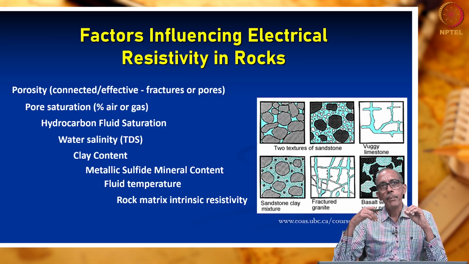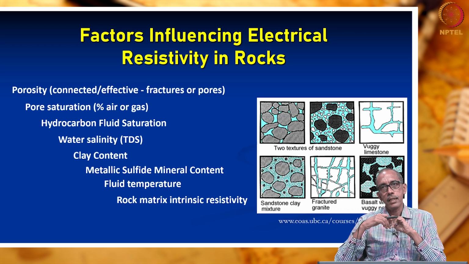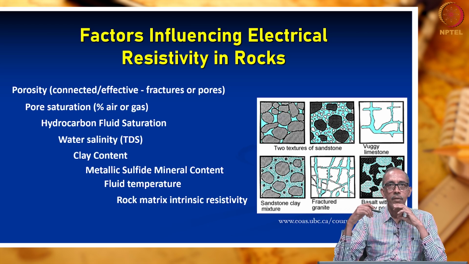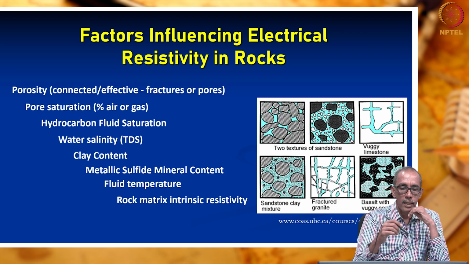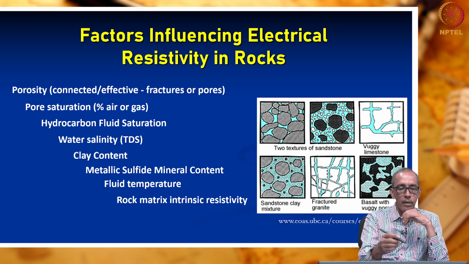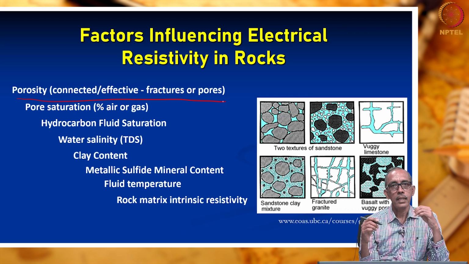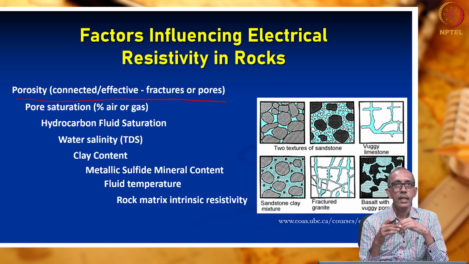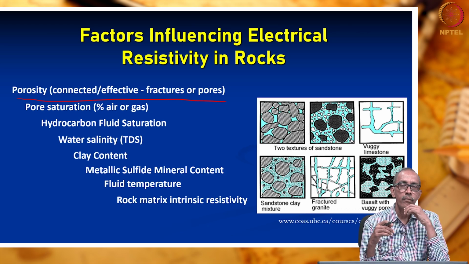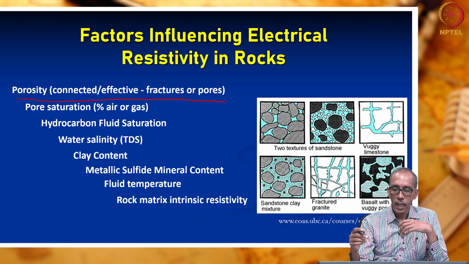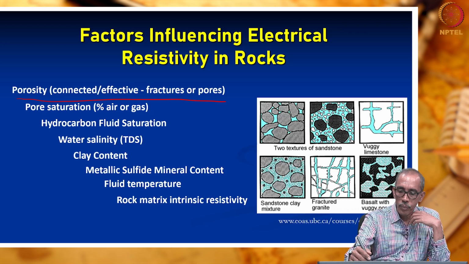But the apparent resistivity which we measure is dependent on several factors which are indicated here. For example, first let us have a look into porosity. Porosity controls the resistivity or the apparent resistivity of the formation. How? Suppose the formation has got a high amount of porosity.